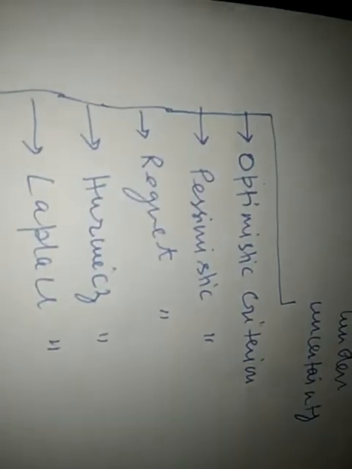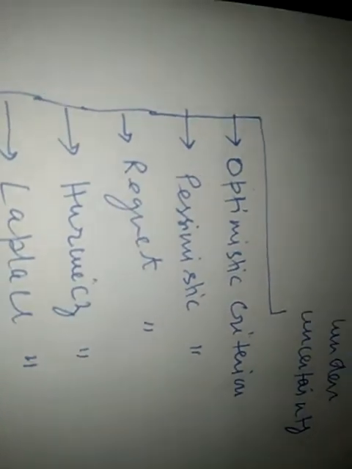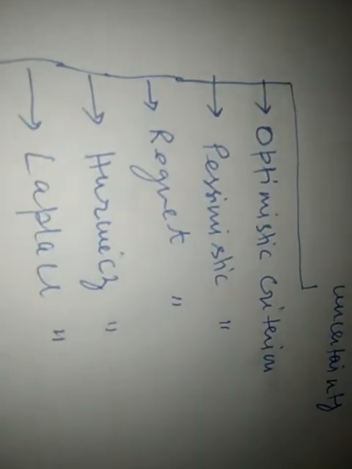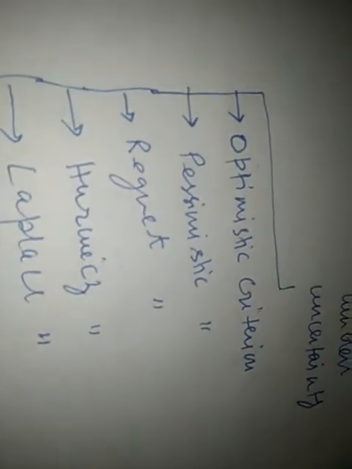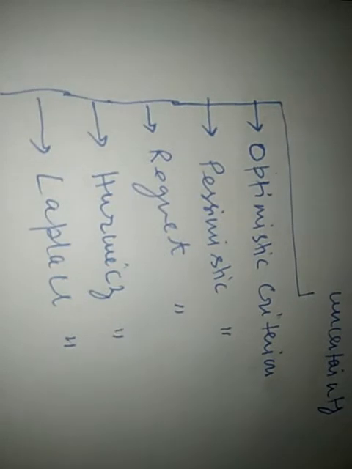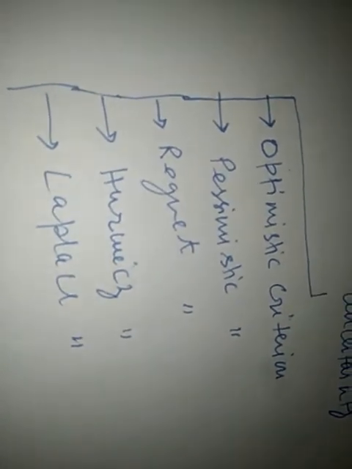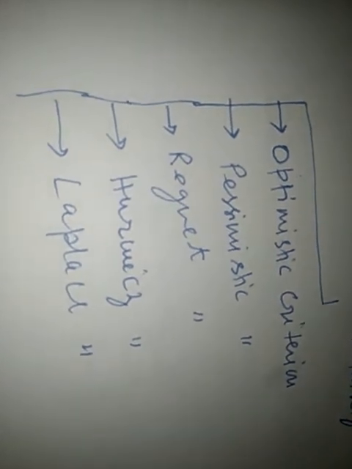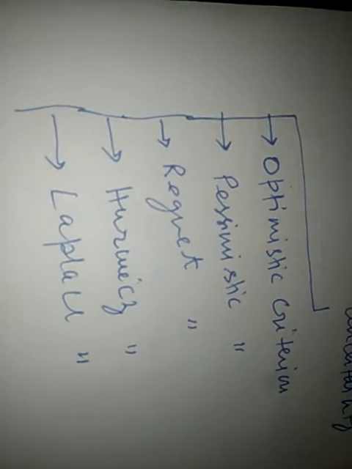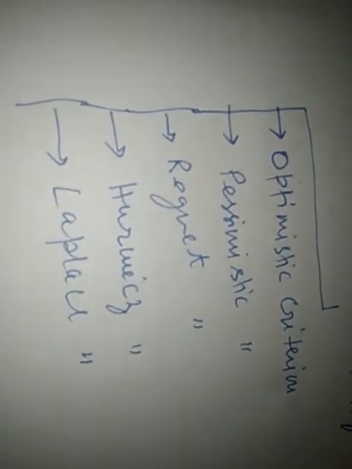There are 5 criteria. Criteria means there is a certain philosophy or mindset when you are going to take decision, that what criteria you follow in that particular situation. So first one is criteria of optimism, second is criteria of pessimism, third is regret criteria, fourth is Hurwicz criteria, the name of an author, and last one is Laplace criteria.